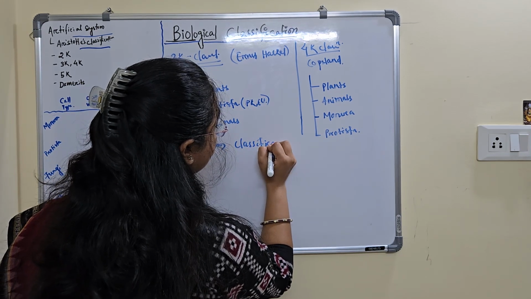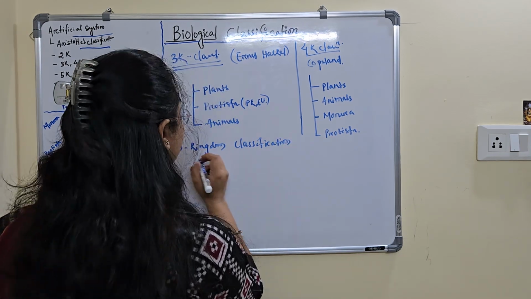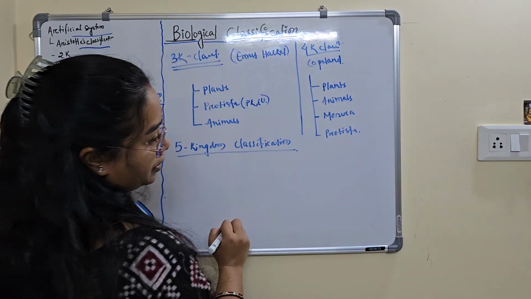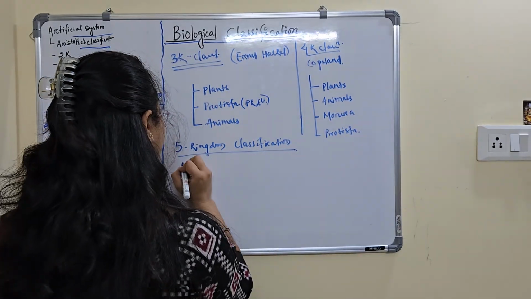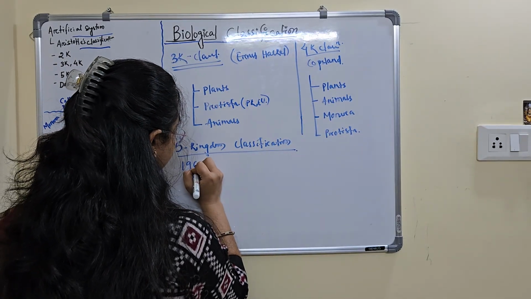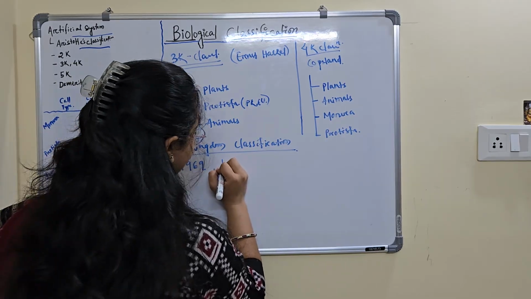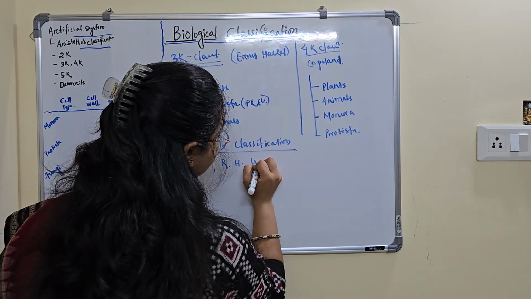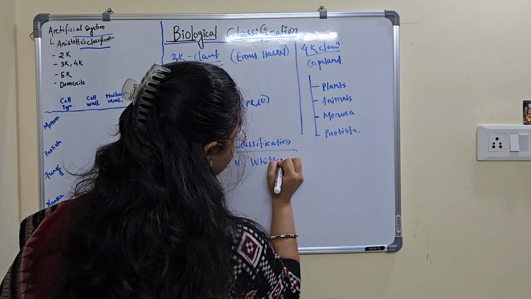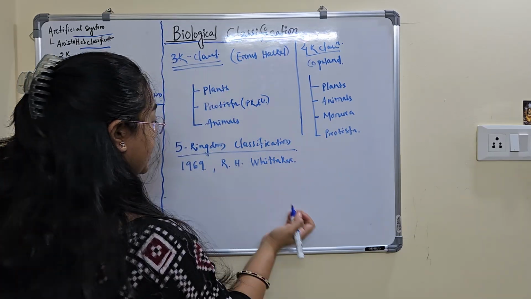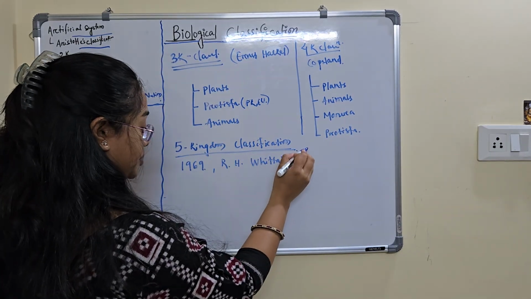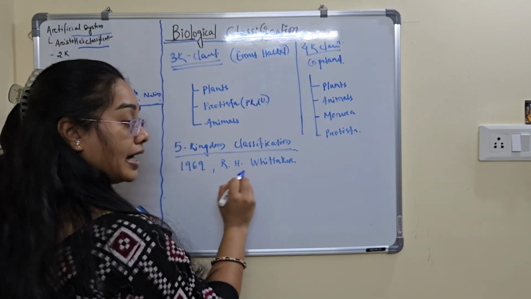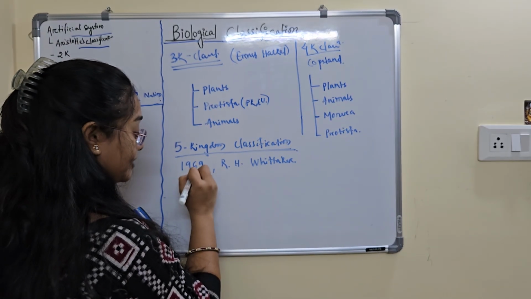classification came into consideration. So okay, it was given in 1969 by R.H. Whittaker. Okay, so the five kingdom classification system was given by R.H. Whittaker in 1969.